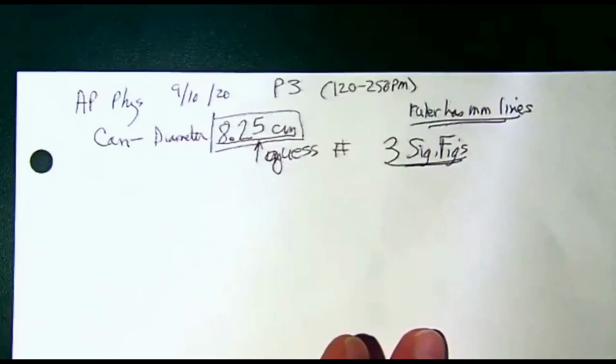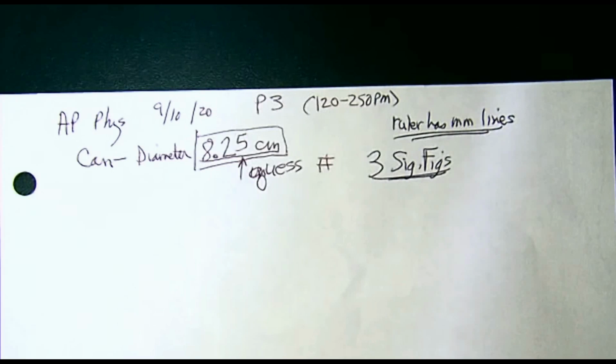So for me, that's 3. Everybody got it? Now, the bigger the item you're measuring, the more significant figures you get. The more expensive your measuring instrument is, the more significant figures you get. But for almost all practical purposes, 3 is all you need. Okay, 3 is all you need.